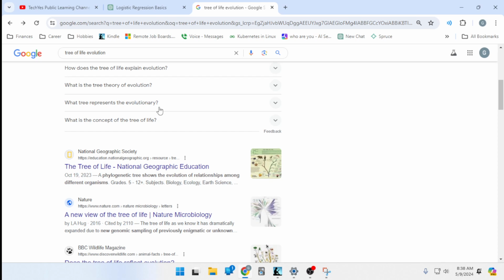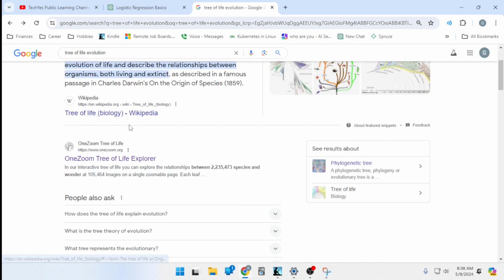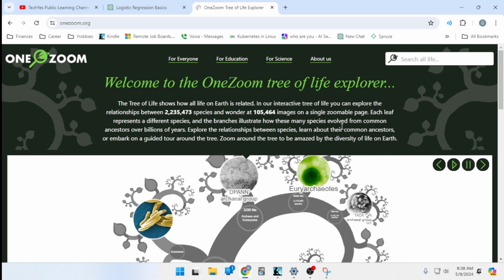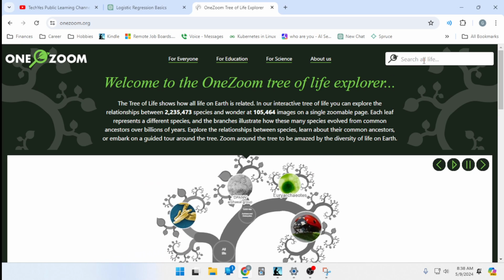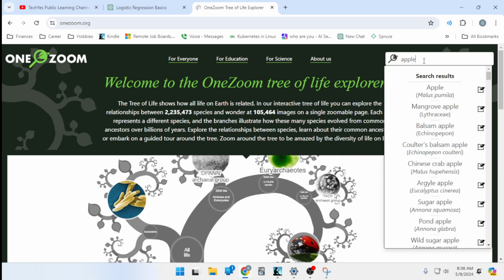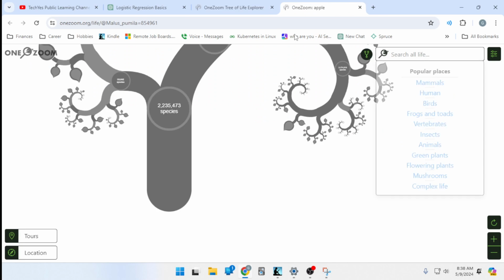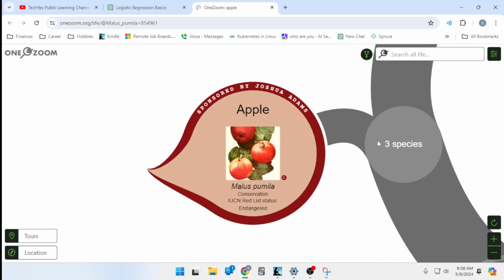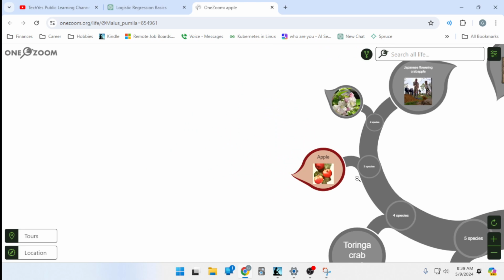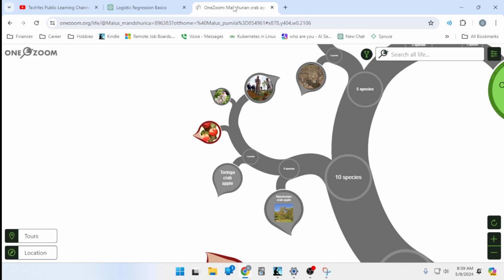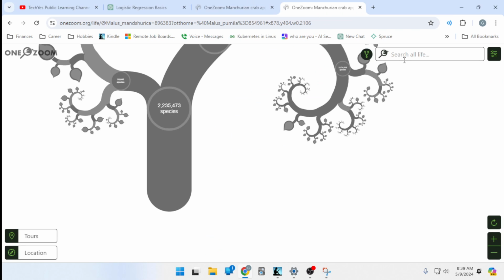Well, I guess this one's the best. There really isn't a better one out there. So let's search for Apple. Okay. There we go. And then let's duplicate the tab and then search for orange.